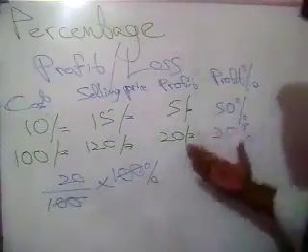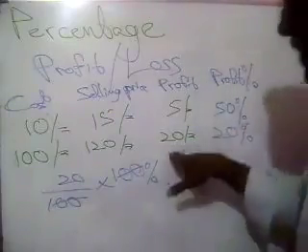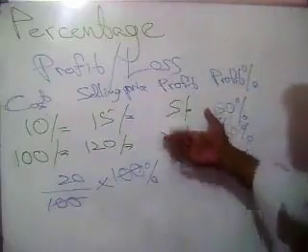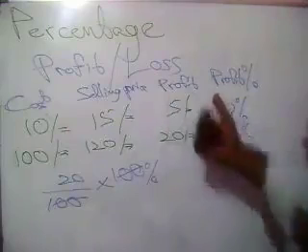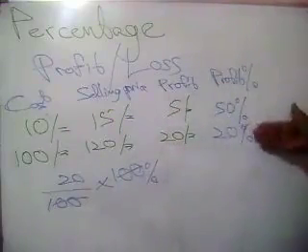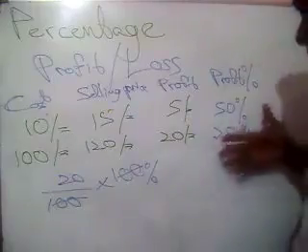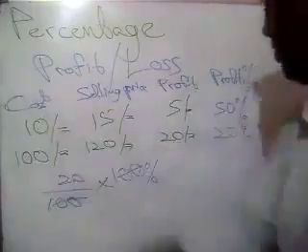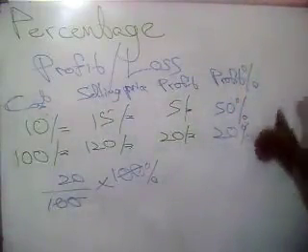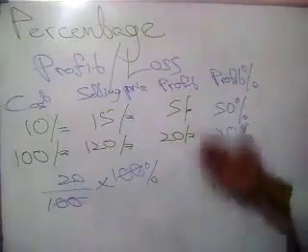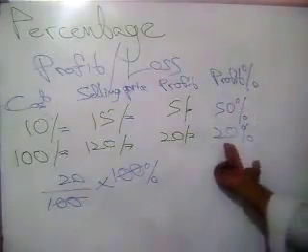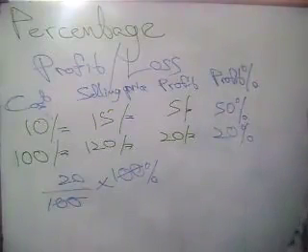So can you see the difference here? I can say, okay, in this transaction I made a higher profit than this. In this transaction here I made only a profit of 5 rupees, but here I made a profit of 20 rupees. But when you bring in some uniformity, now here these are absolute values, but here we can actually compare because these two values are percentages. So here I made a profit of 50% as opposed to just a profit of 20% here.